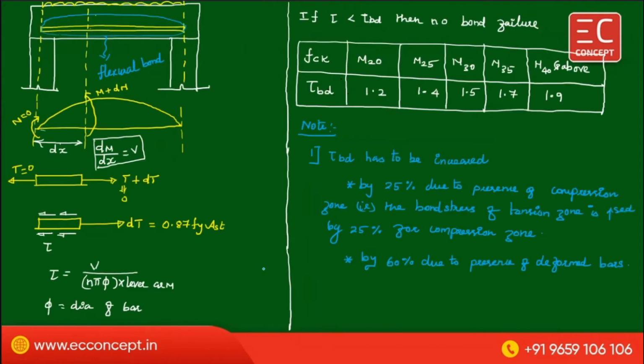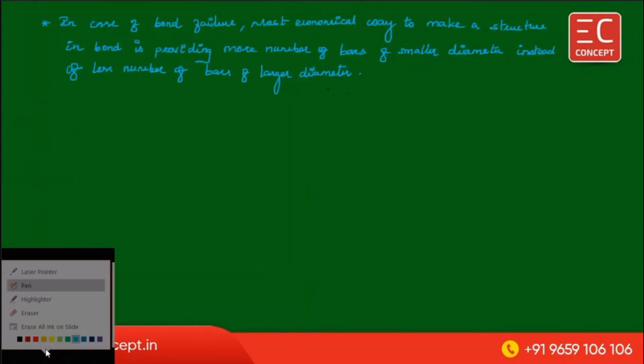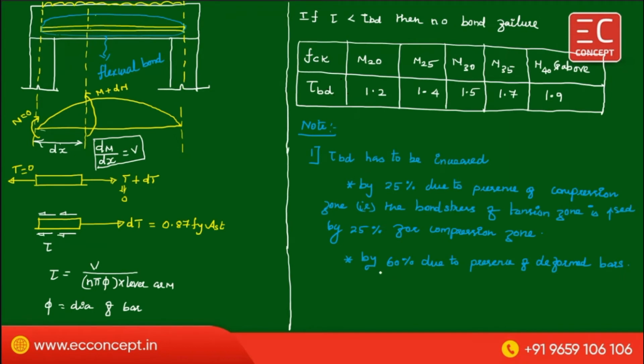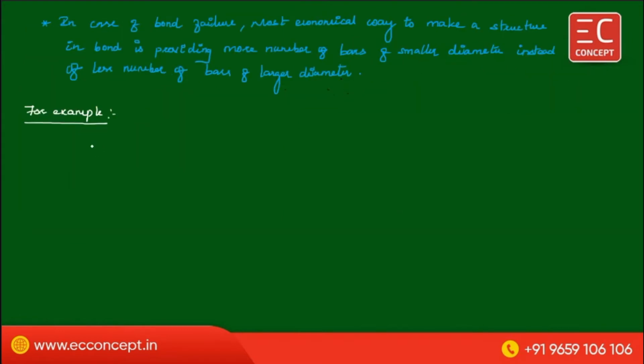Now these two, let me explain. For example, see, the tau BD increased by 60% due to presence of deformed bar. Okay, so the meaning is, for a mild steel, that is Fe 250, and M20 concrete, let us consider M20 concrete.